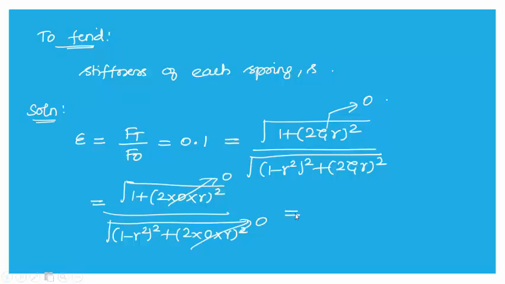So in the upper term there will be only one term, that is 1, divided by, in the denominator there will be a term root of 1 minus r square the whole square. So by simplifying this, we will be arriving at the simplified formula 1 by plus or minus 1 minus r square.